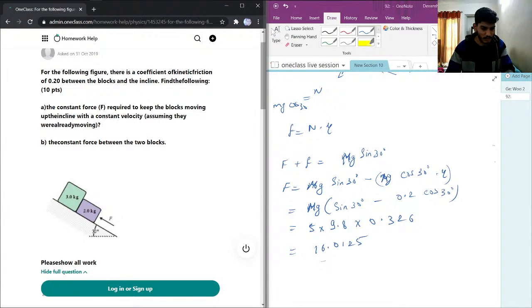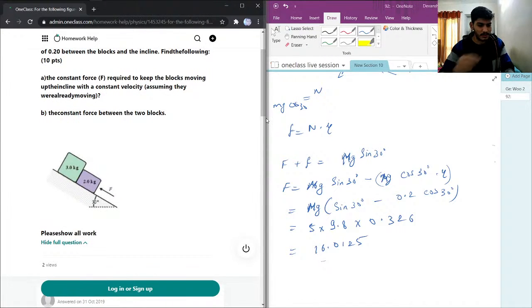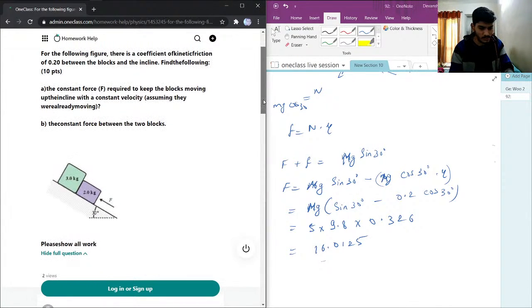They will move up the incline. To keep the blocks moving up the incline with a constant velocity. Okay, so this is pretty much the force required to keep the block moving.